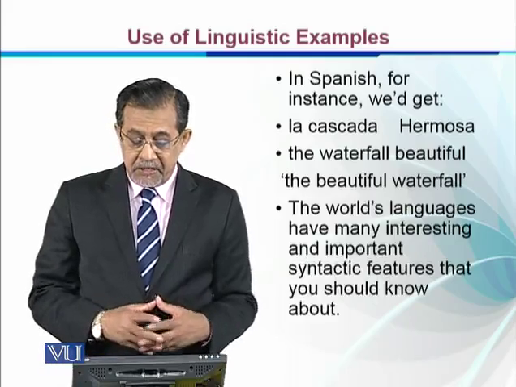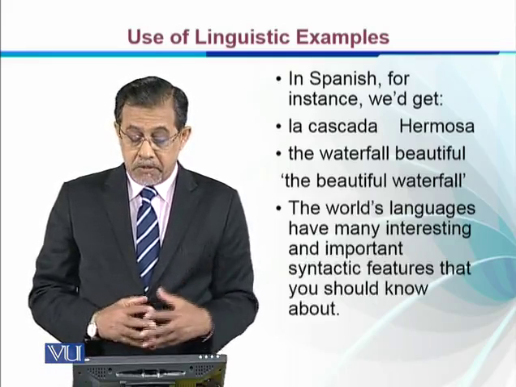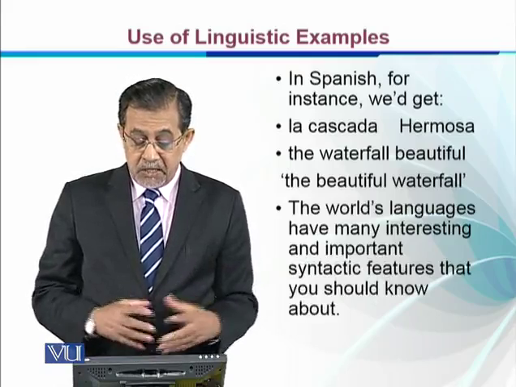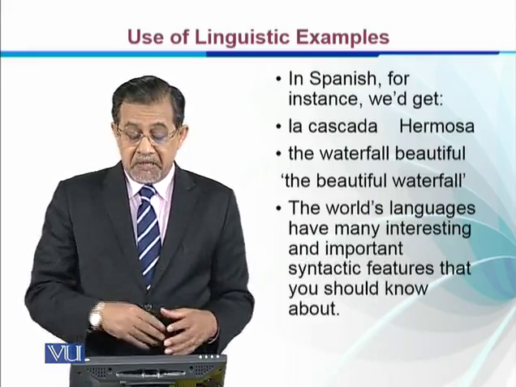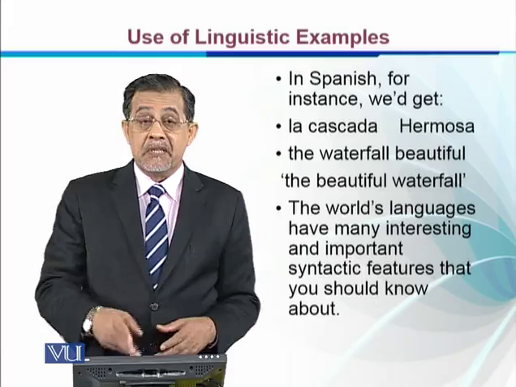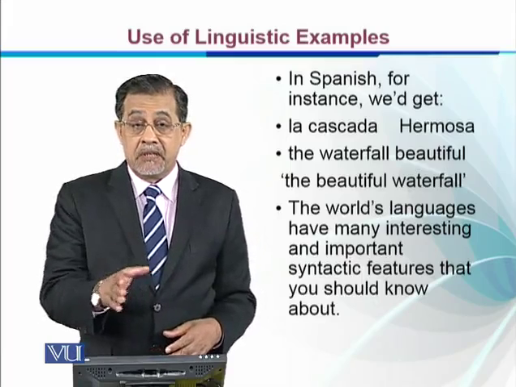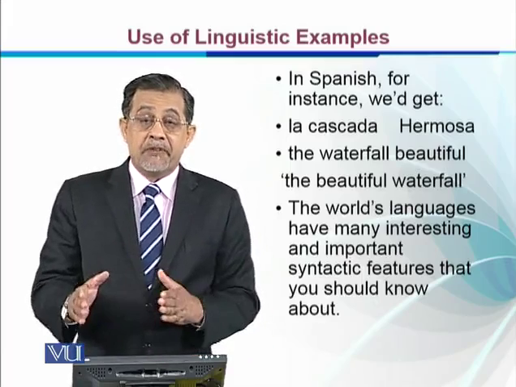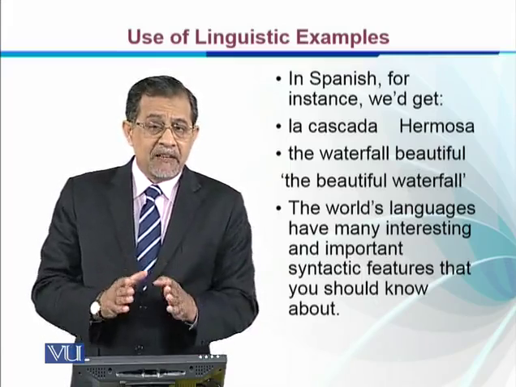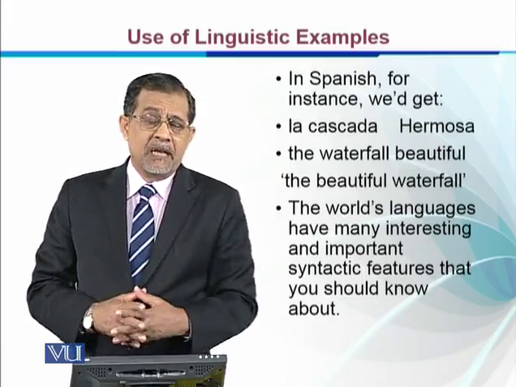So languages have many interesting and important syntactic features that you should know about. For example, we have seen that in all these three languages, the article is at the beginning of the noun phrase. But does it remain the same in other languages?